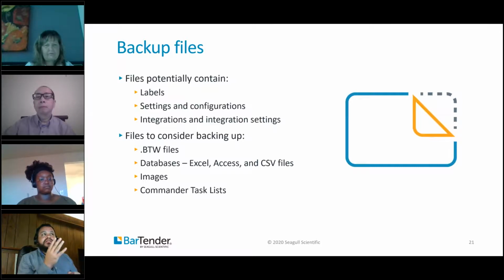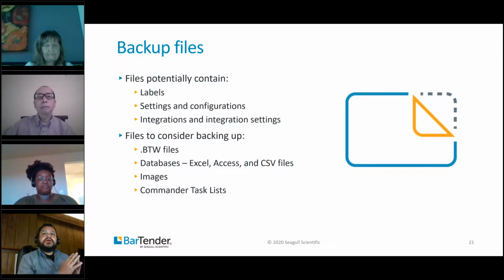You might have BarTender labels that are being populated by databases. That might be a simple Excel file. That might be a very custom ODBC connection, etc. But you'll want to assess what that dependency of that label is, take a look at your printing environment, and start backing up all those files.